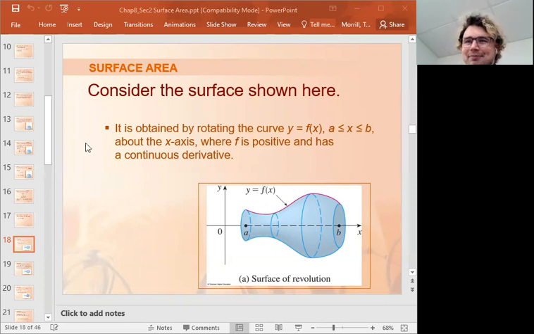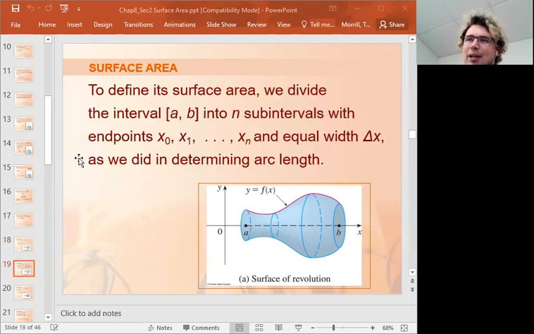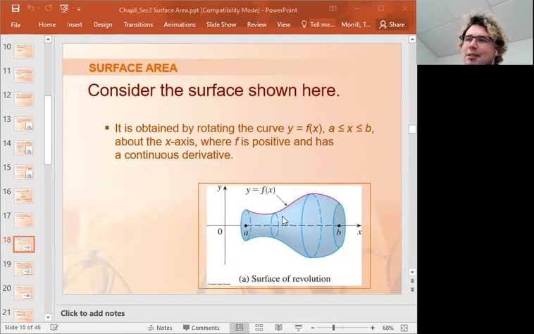Okay. So here, at least the way this is drawn, we're rotating around the x-axis. We have some curve called f of x here shown in pink. We're rotating it around, we get this nice vase.